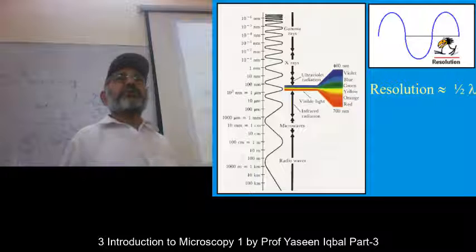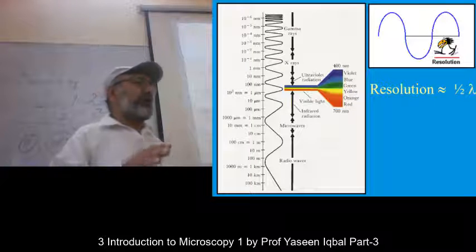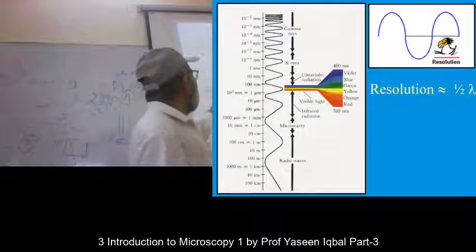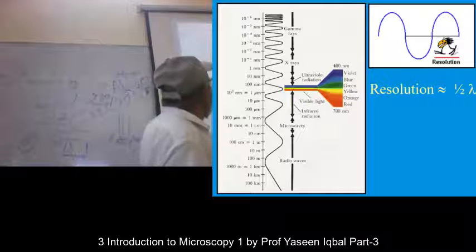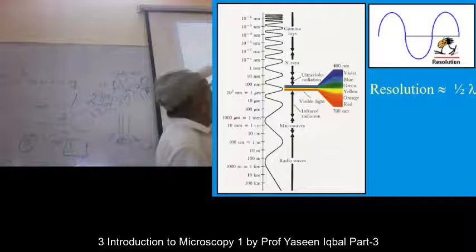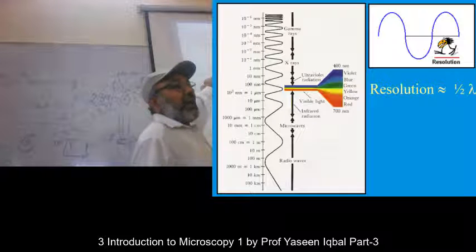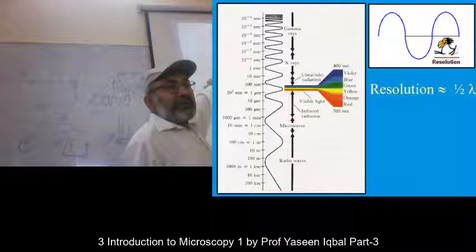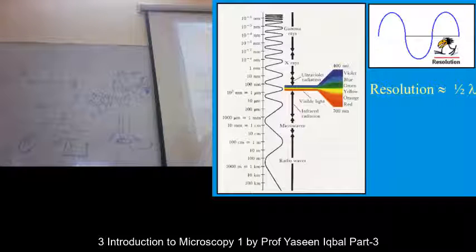Whatever hard work or effort you do, theoretically you can't make the resolution finer than 1 micrometer, because resolution is approximately half lambda.